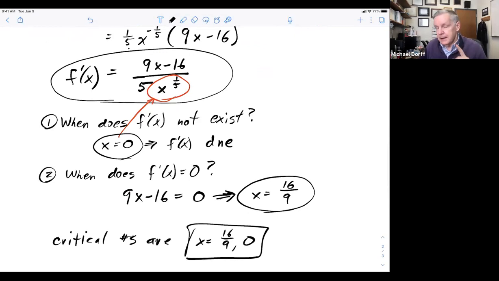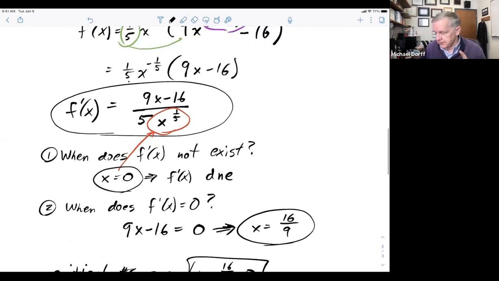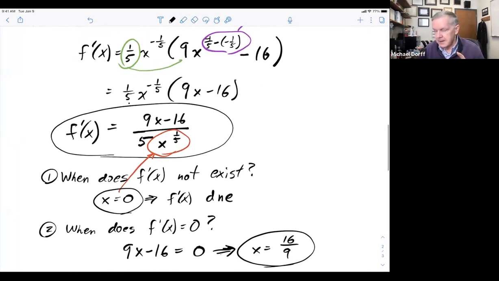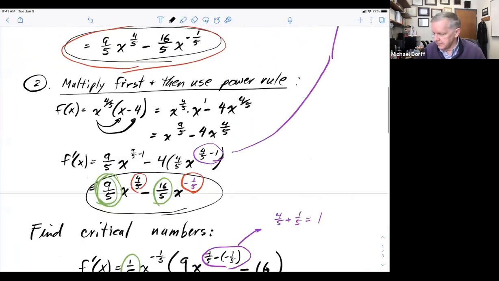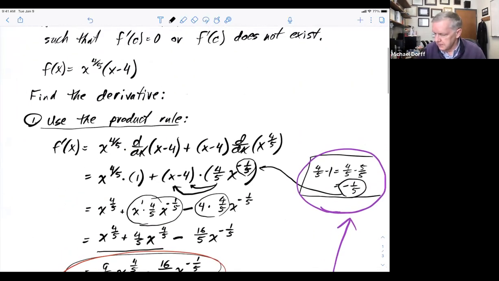One thing I needed to check on here, that I didn't mention, but it's really important, is whether x equals 0 is in the original domain. If I go back to the original function here, do I have any restrictions there? Can x equal 0? Yes. No problem there. x couldn't equal 0 if x were in the denominator, but there is no denominator there.